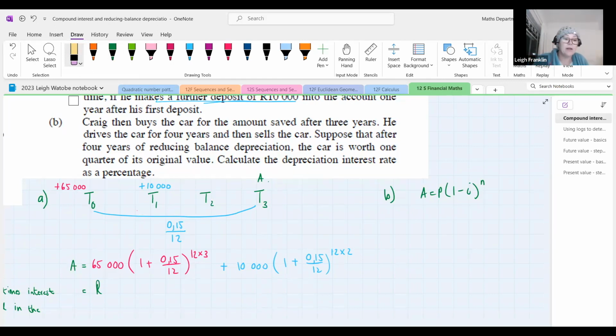Let's just put that in again. 0.15 this time over 12. Oh, there we go. That's better.